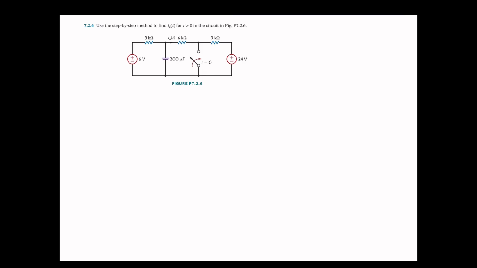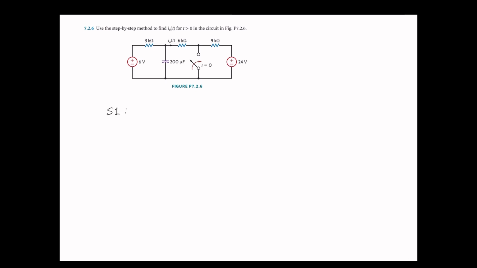7.2.6. Use the step-by-step method to find I sub 0. We talked about 6 different steps in our class, so we're going to follow those steps. Step number 1, we're going to write the formula for Vc of t equals Vc of infinity plus [Vc of 0 plus minus Vc of infinity] e to the power of negative t over tau.